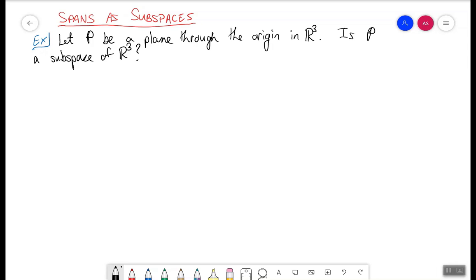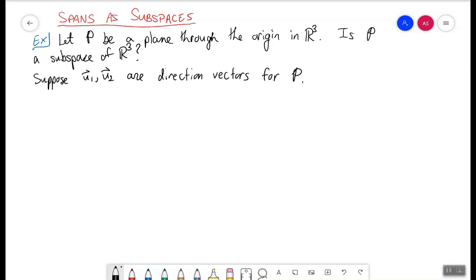However, we can use what we just did as a way to build our intuition, as a way to suggest, okay, I'm pretty sure that the answer is that P is indeed a subspace. So let's go ahead and check to see that it is. To do this, suppose U1 and U2 are direction vectors for our plane.